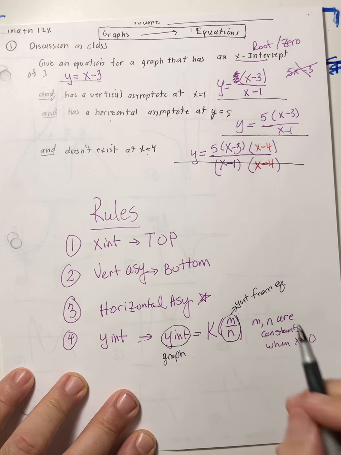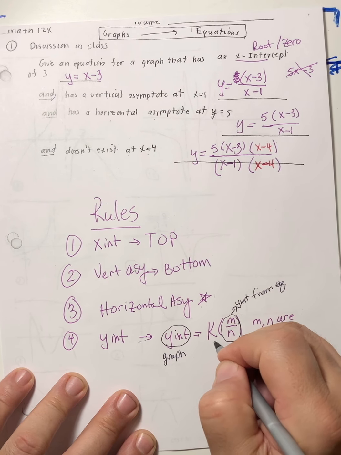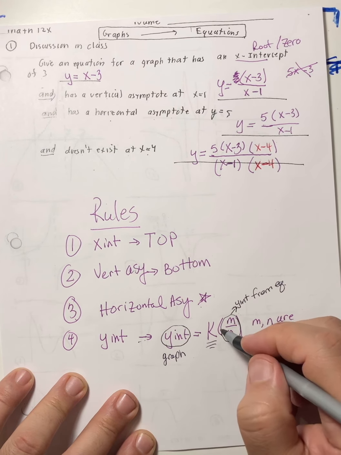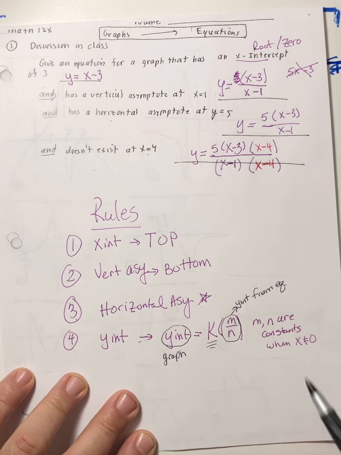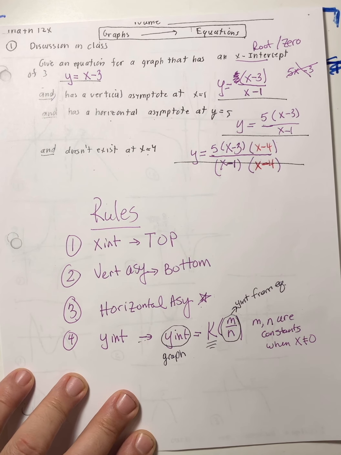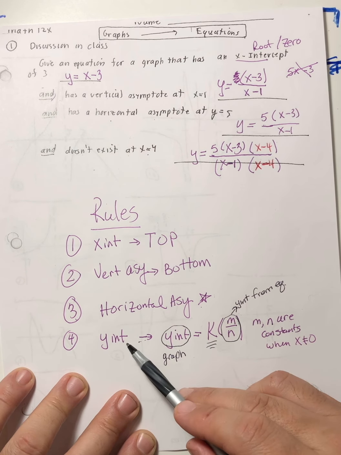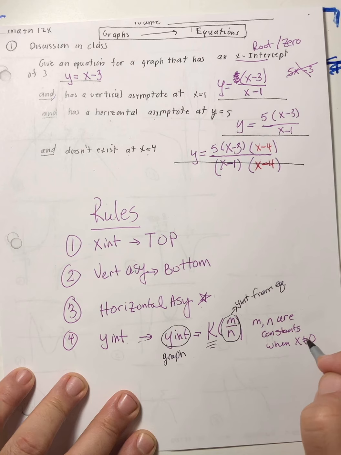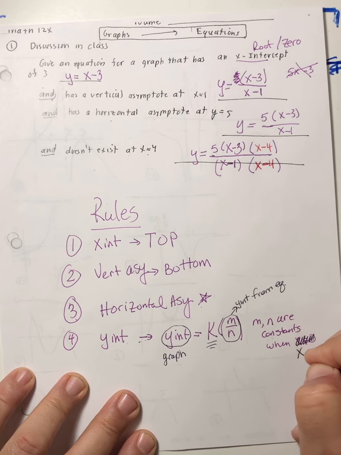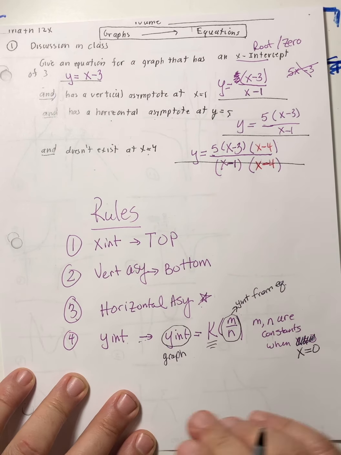And this constant right here is whatever multiplication adjustments we have to make to make them equal to each other. Why did I put not 0? It's when x is equal to 0, because in order to find the y-intercept, x has to equal 0.